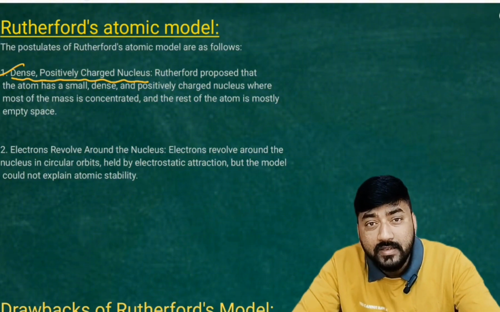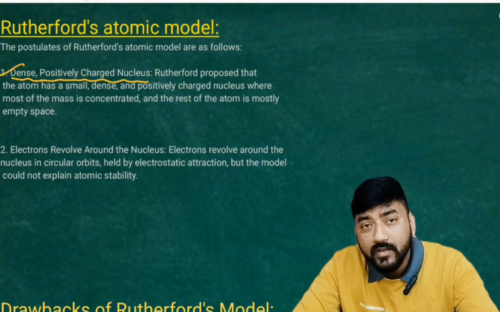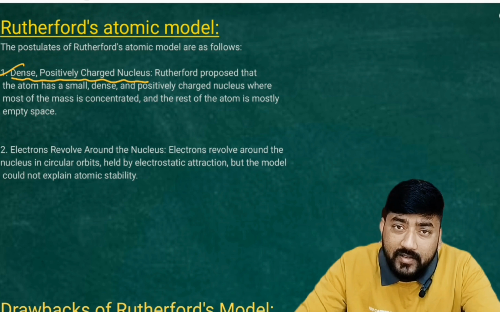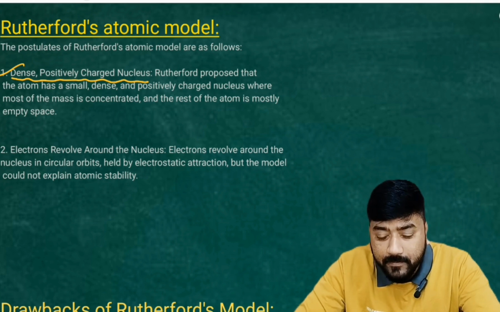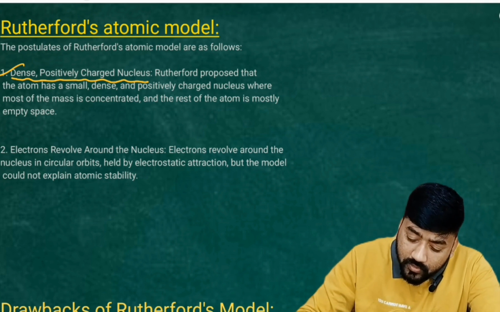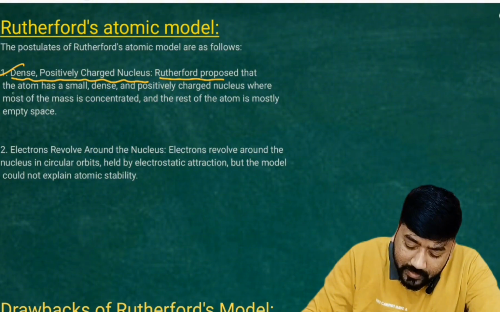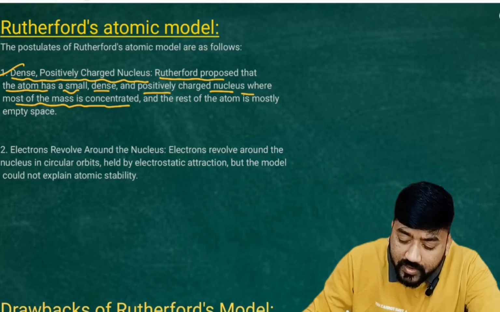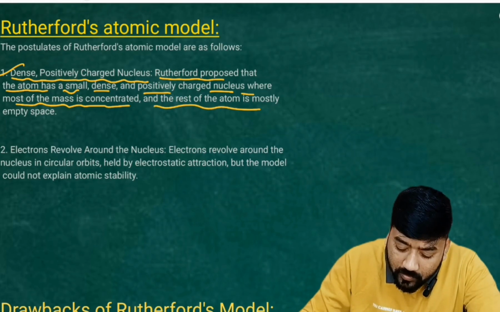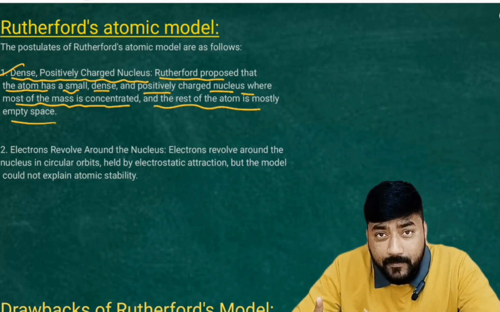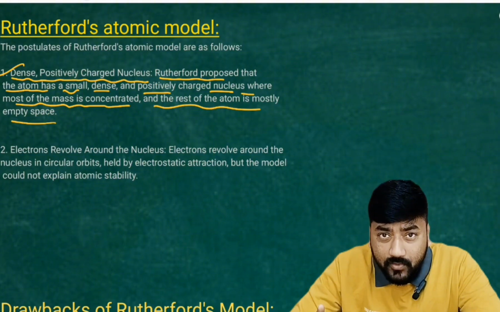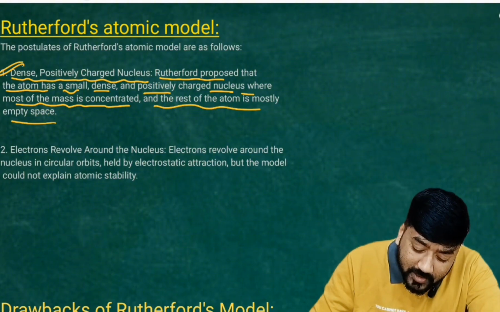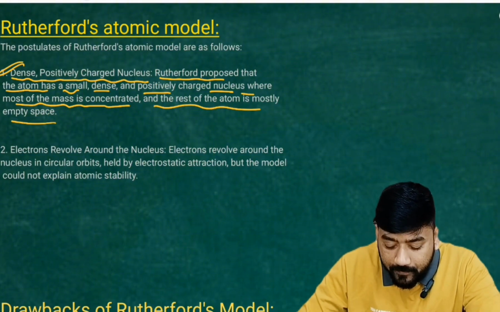That is, positive charge is concentrated in a small region which is called the nucleus. So Rutherford proposed that the atom has a small, dense and positively charged nucleus where most of the mass is concentrated, and the rest of the atom is mostly empty space, that I have told you. So this is the first postulate of the Rutherford atomic model.